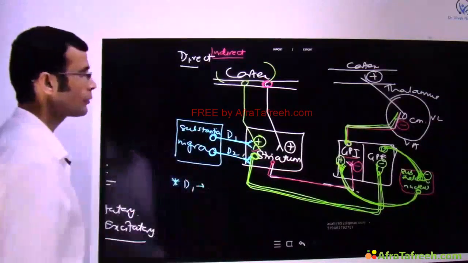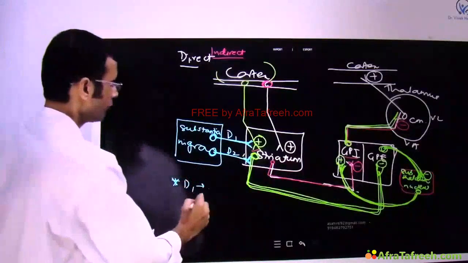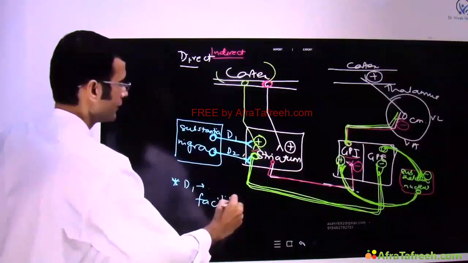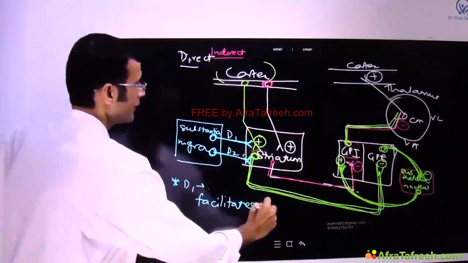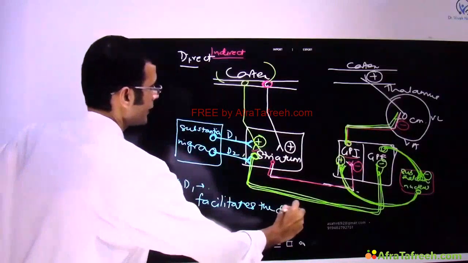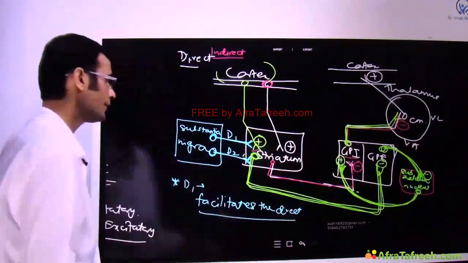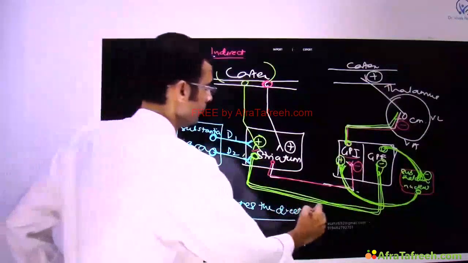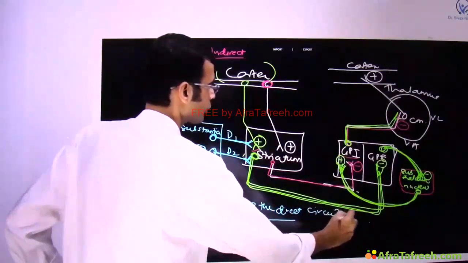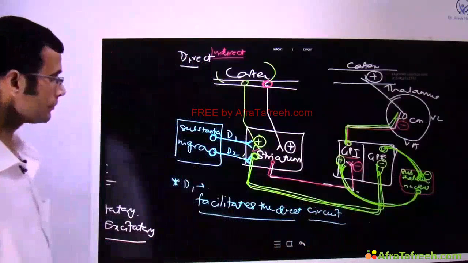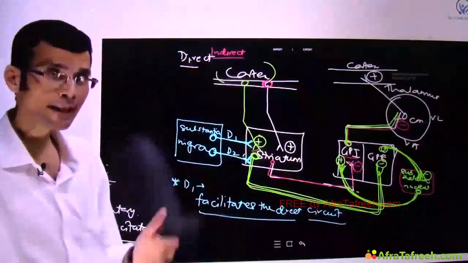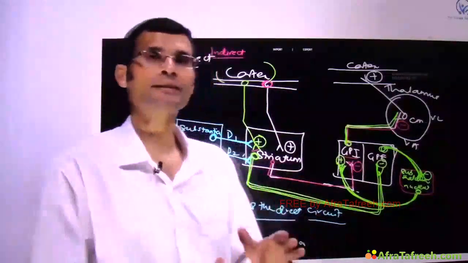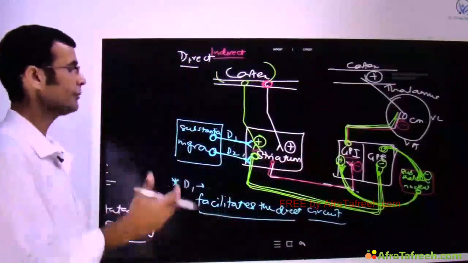The D1 dopaminergic projection facilitates the direct circuit. It ends on the direct circuit and facilitates it. But what will be the effect of that? The direct circuit was facilitating the movement, so movement will be facilitated.